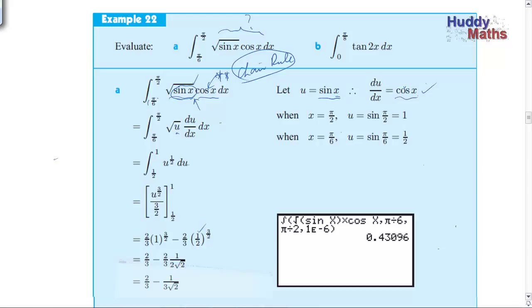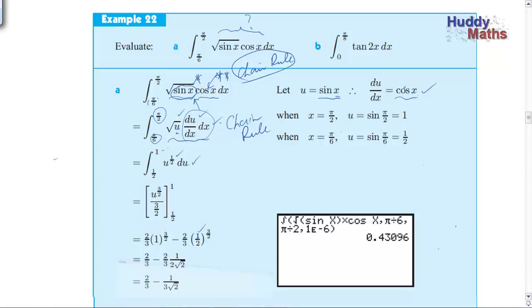So you write that. Then, therefore, you can write that this is the integral from pi on 6 to pi on 2 of, put it all in u land. This is proving the chain rule pattern. And you can then say, well, we don't have to worry about the cos x dx, this part here, because we only have to reverse the u, the function in u, which is u to the half, with respect to sine x or u as a variable.